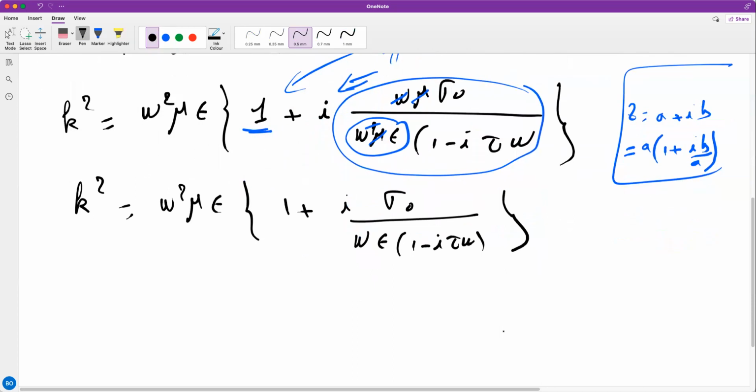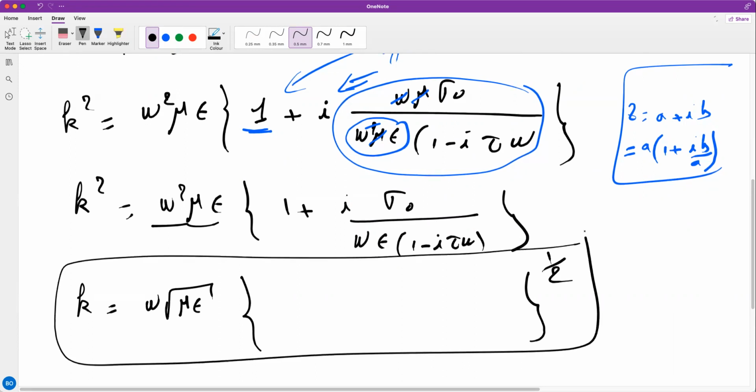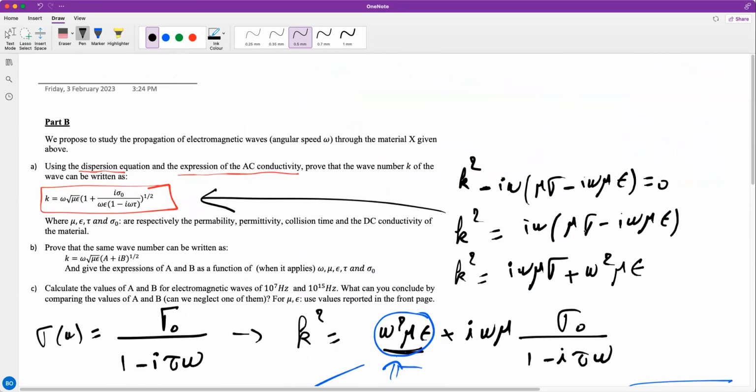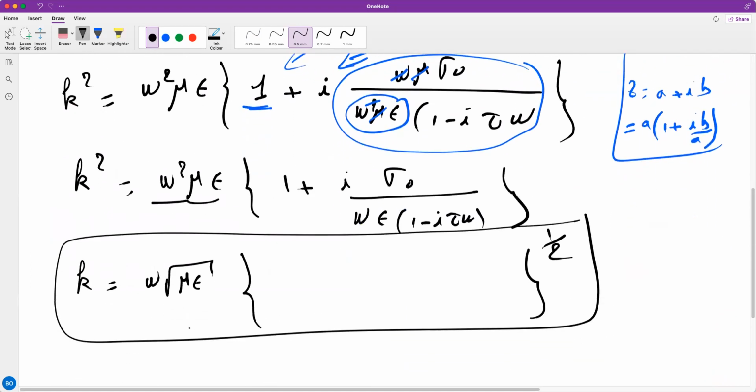And then now I can take the square root of K squared. So K becomes omega square root of mu epsilon, and then the square root of all of this. This is exactly what I wanted to prove. Remember, you have a half here, 1/2. So this is exactly what I have to do.